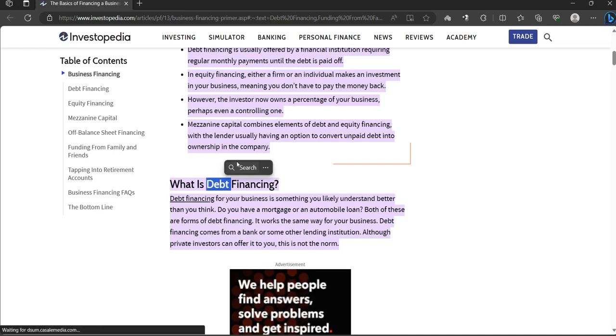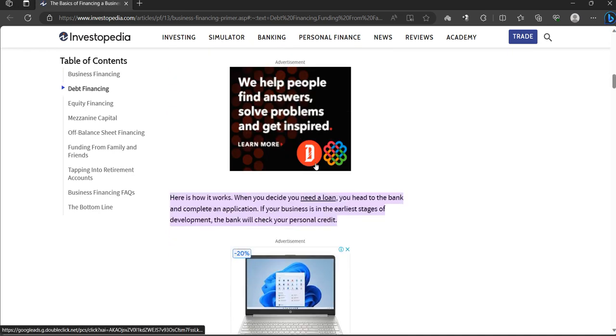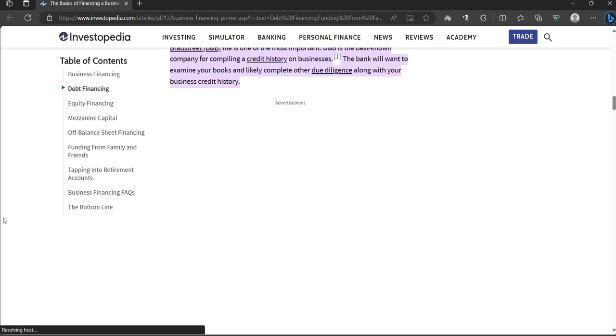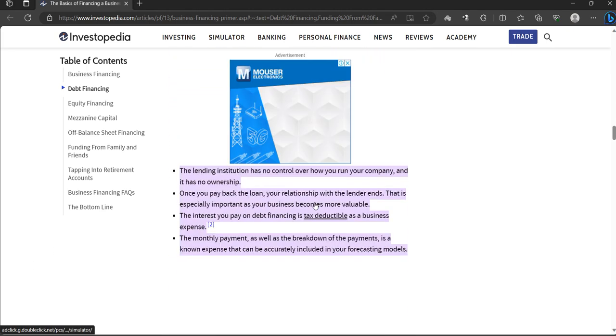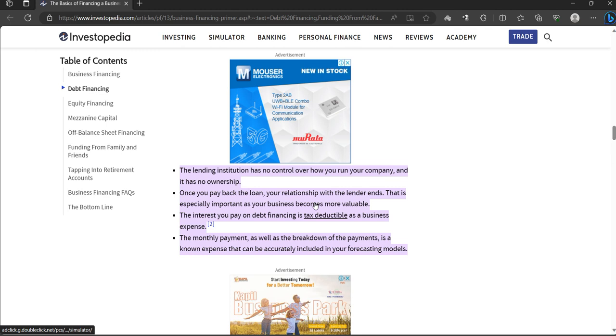The first one is debt financing. We get a lot of options, and this link clearly explains the different financing options and the advantages and disadvantages of using that particular financing option. So you can see these are all financing options that a business has.